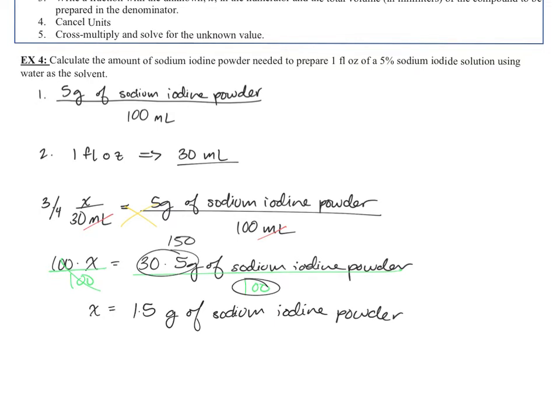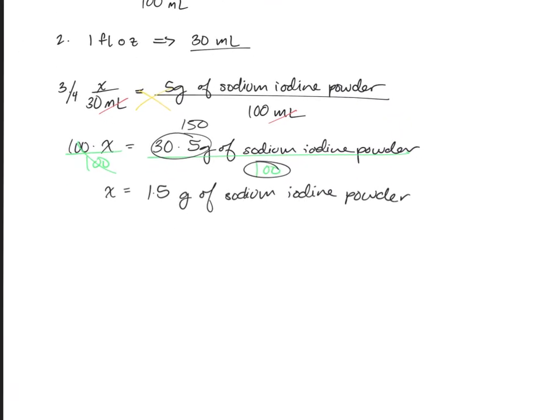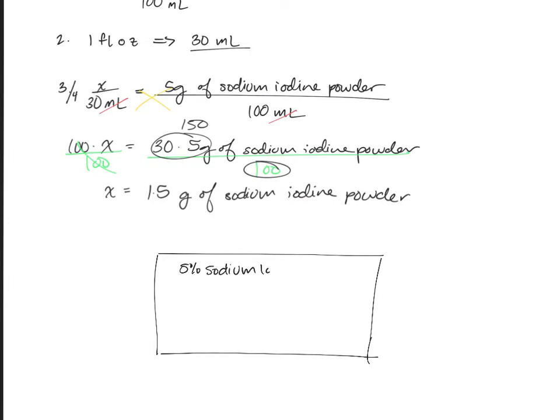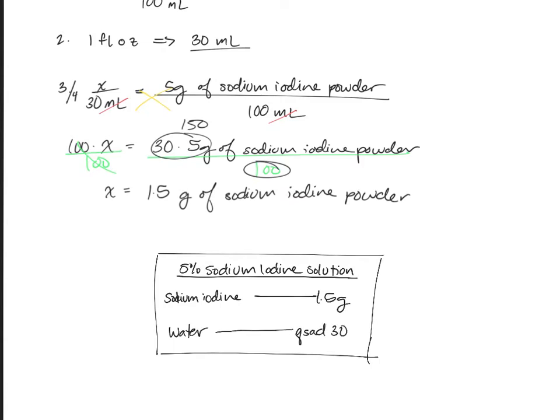Okay, so applying the rule we had for preparing a solution, a recipe for preparing the solution would look something like this. 5% iodine, sodium iodine, it will have sodium iodine, 1.5 grams, and water, however much we need to create 30 milliliters.